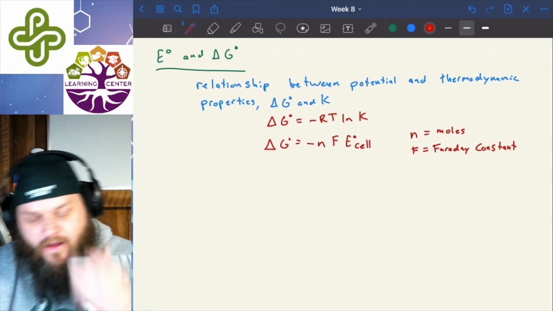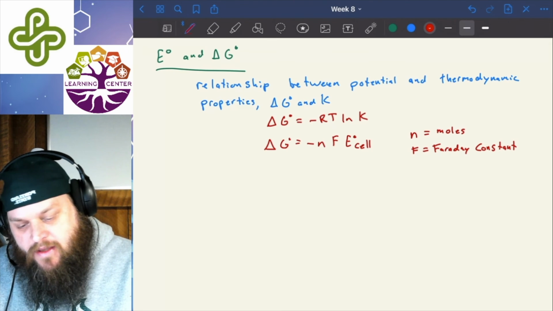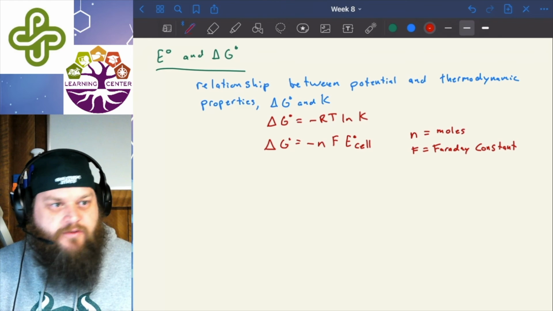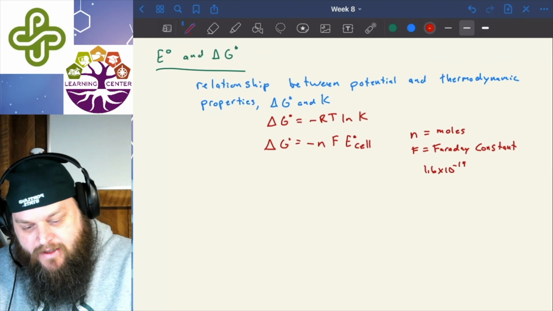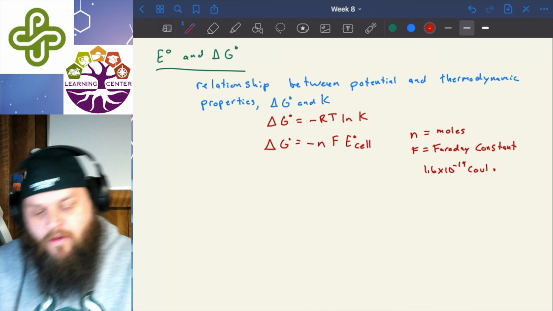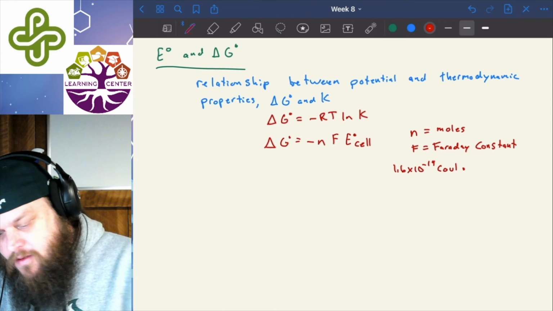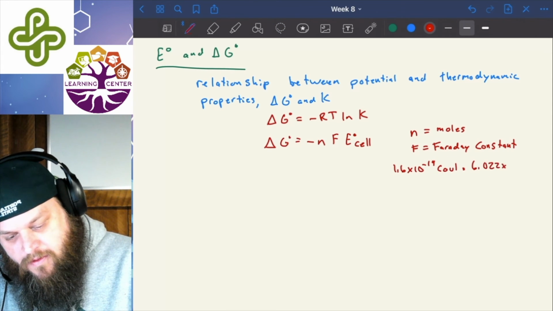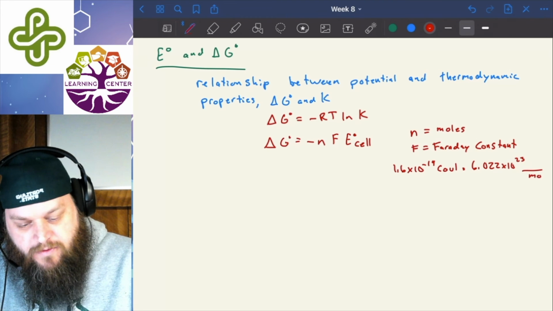And that Faraday constant is really related to two other constants: the charge of an electron, being 1.6 times 10 to the negative 19 coulomb, times Avogadro's number, which is the number of something per mole, right? Which is 6.022 times 10 to the 23rd. In this case, it would be electrons per mole.